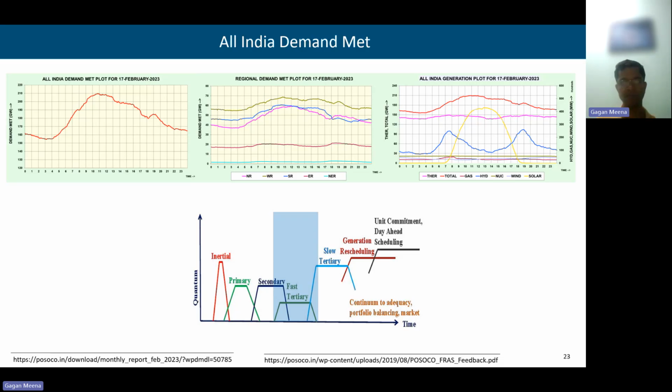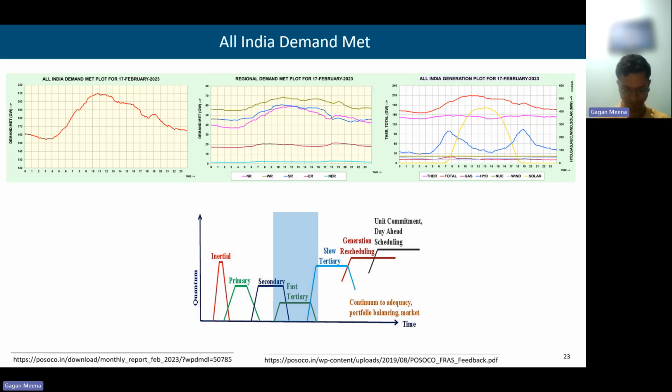That's why the planning is at different levels. It's decade ahead, several years ahead, year ahead, month ahead, weeks ahead, days ahead, and then day ahead, and then hour ahead. But different time scales of planning is being done, and the operation of system also happens at different time scales.